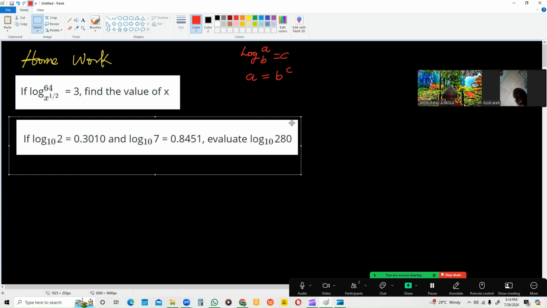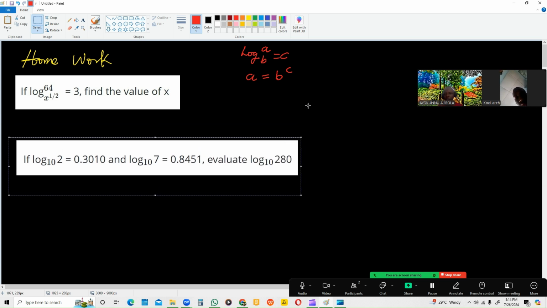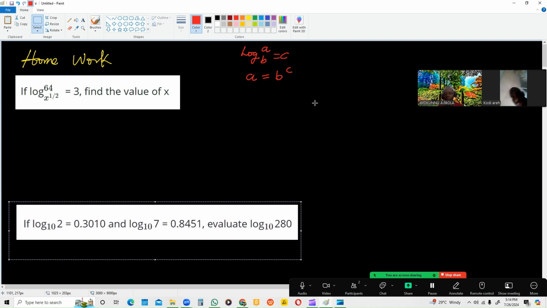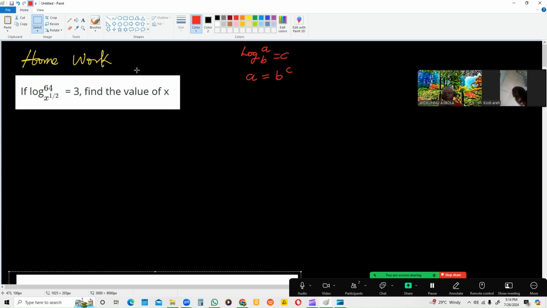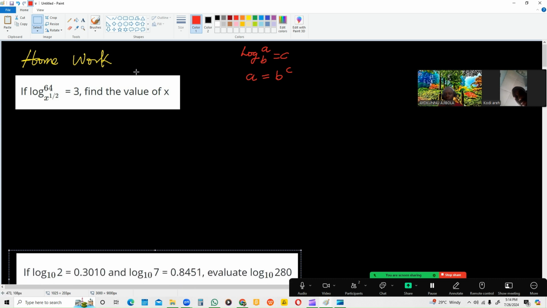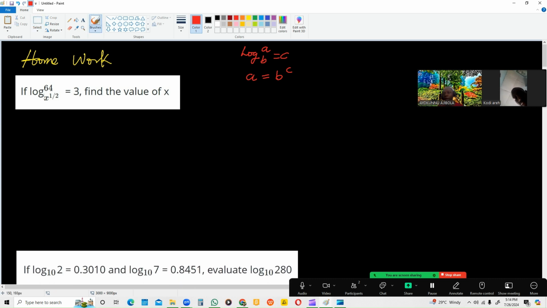Good. So if that's the case, then in this particular question, our A is 64. What's our A? 64, because this is log 64, base x raised to power half, equal to 3.